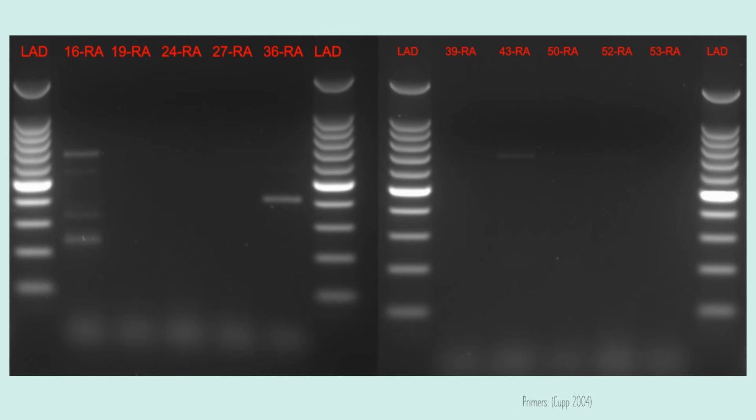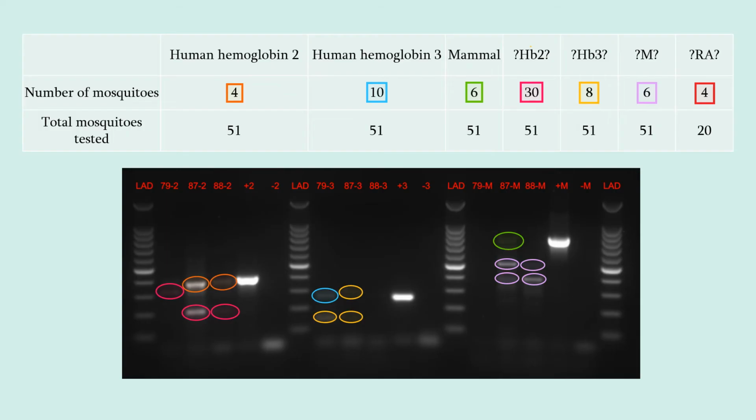And from this experiment, we found that 4 of the 20 samples that we tested could possibly have reptilian DNA in them. And you can see that in these wells here, they're pretty faint bands, but they're definitely there. They're not all the same size though, which is interesting. And I will talk more about that in just a second.